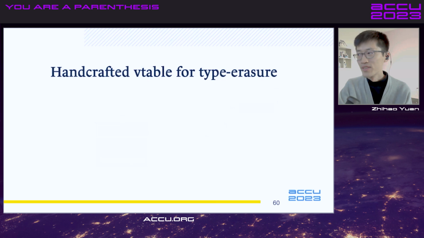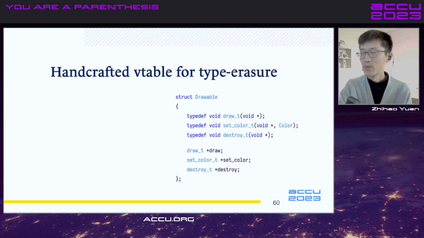So very often, when we want a different layout when implementing type erasure, we handcraft a vtable for the type erasure. Think about, for example, why don't you put the vptr at the very end? Although I know people are not motivated by that idea, it's just one example.